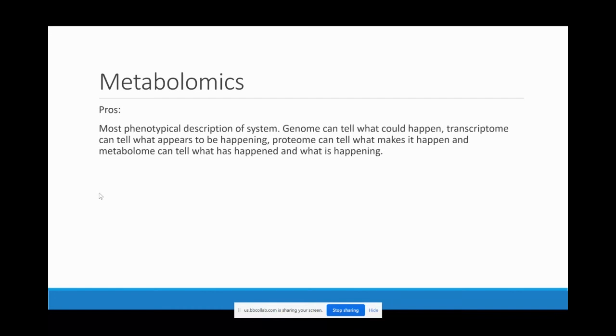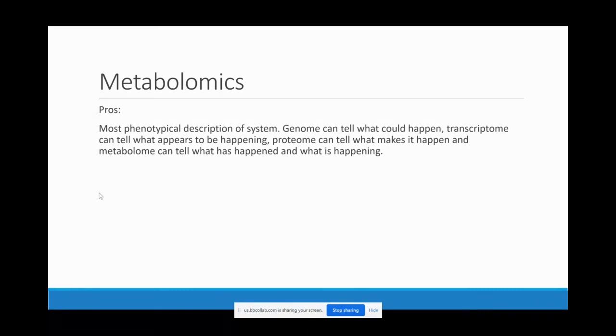Now, metabolomics, one of the biggest pros for it, it is the most what we call phenotypical description of a system. And again, remember, if we think about that map of DNA makes RNA, makes protein, and proteins are going to be used to regulate or be regulated by metabolites, the small molecules.